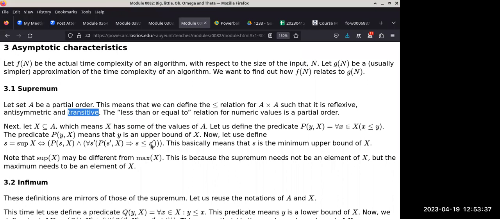So the only time we have to look at whether S is less than or equal to S prime is when S prime is also an upper bound of X. So S prime can be anything, but if it is not an upper bound of X, I don't really care. You don't have to use S prime as a variable. You can use other terms. If you want to use T, that's fine. I just use S prime because it is also an upper bound.